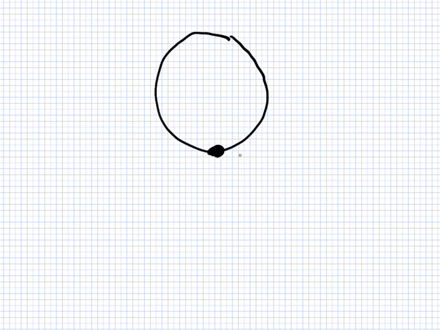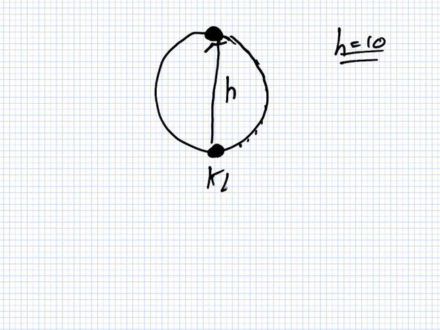And we want to calculate the height. And we want to make sure the height is 10. In other words, we want to make sure that all the kinetic energy here gets changed into potential energy here.